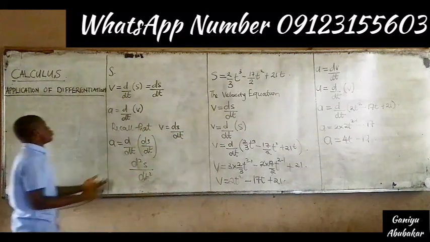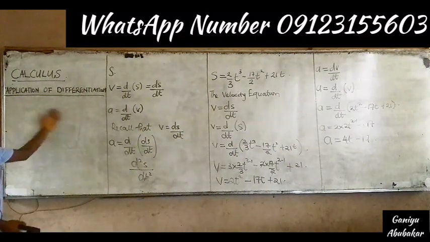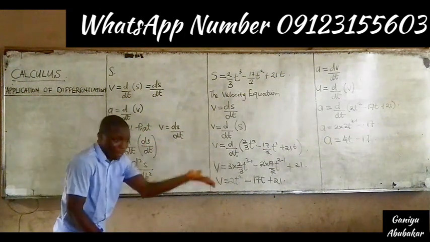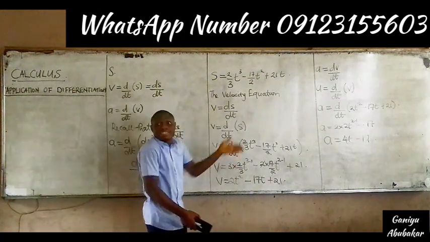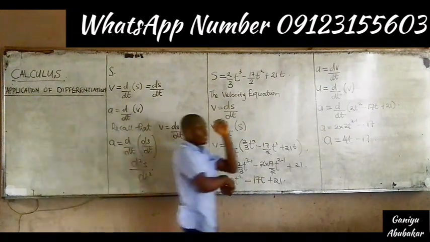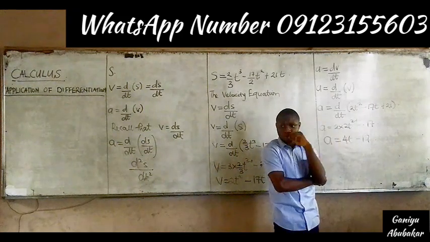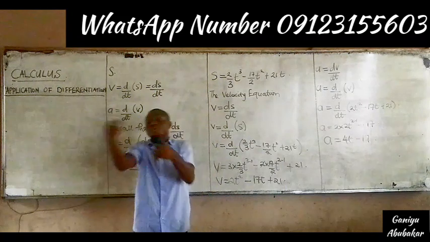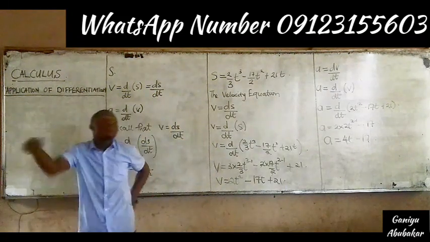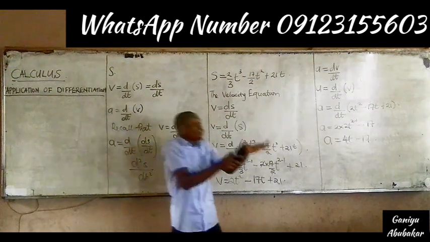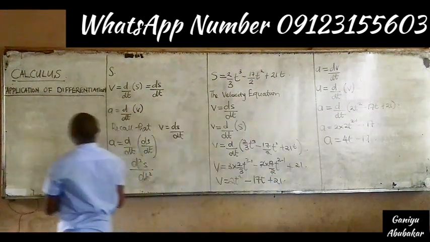When it comes to rectilinear motion, they'll give you the definition of each parameter. t is time in seconds. From the question, t is 2 seconds. What if that was 2 minutes? You convert to seconds. In this case, it's in seconds already.